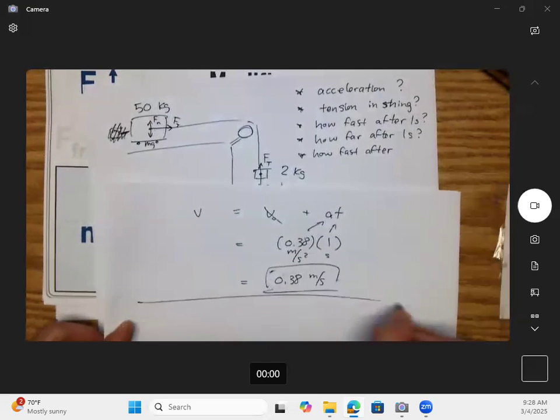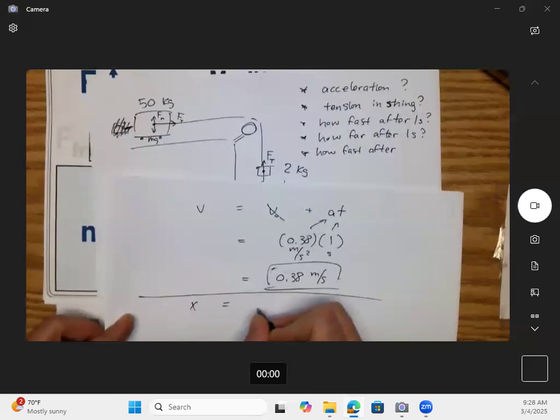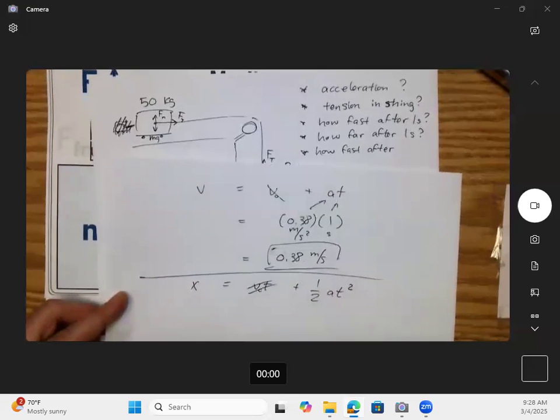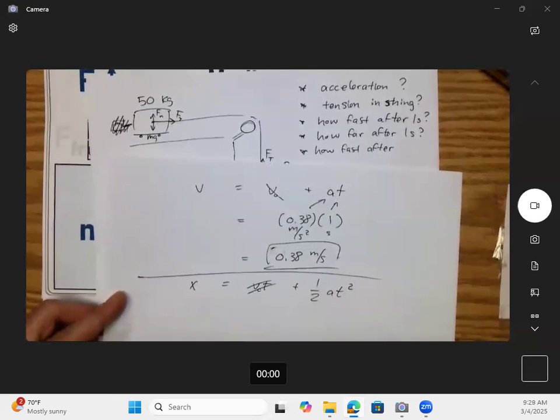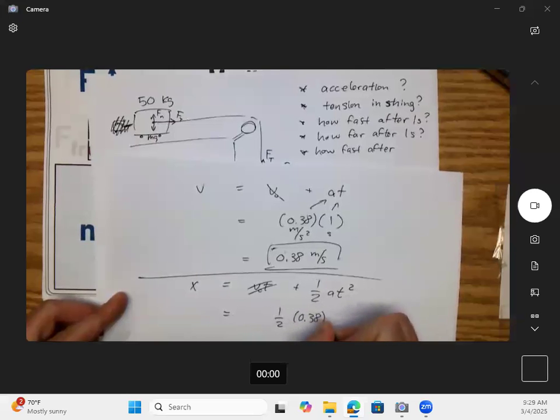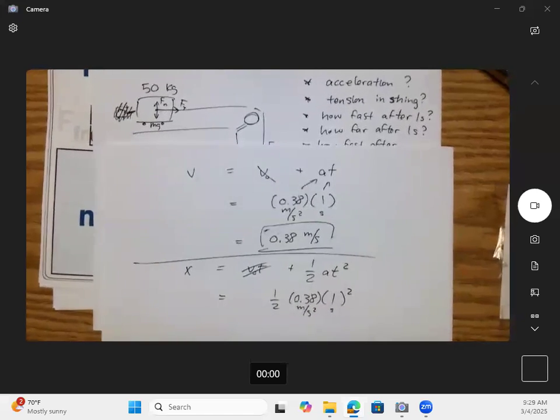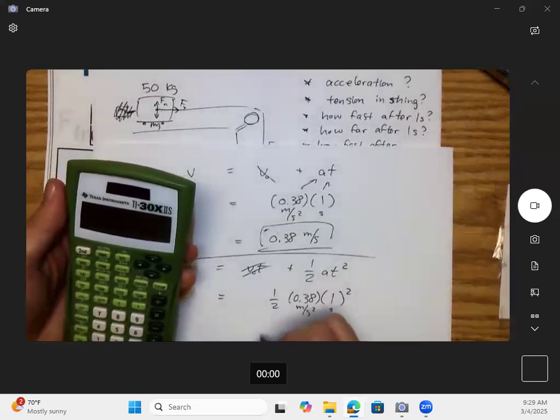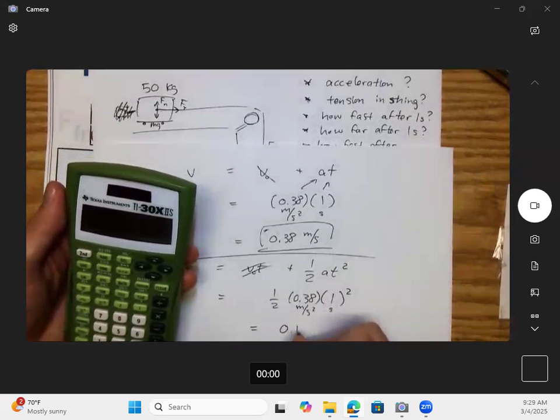How far after 1 second? Isn't that V naught T, which is just 0, plus 1/2 A T squared? So that's 1/2 times 0.38 meters per second squared, for 1 second, and square the time. So 1/2 times 0.38, I'm looking at 0.19.